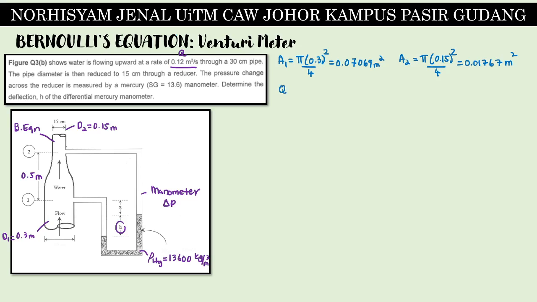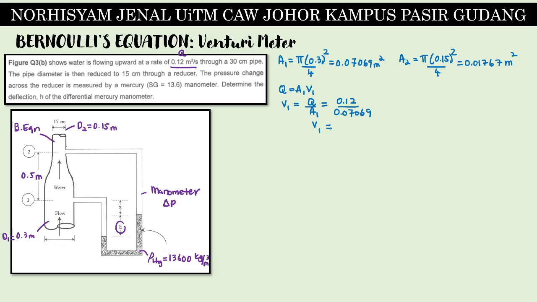Okay, so from there we have Q. So from Q we should be able to find A1 V1. So we can find what is V1. So V1 is equal to Q over A1. It is equal to Q, 0.12 over A1, which is 0.07069.